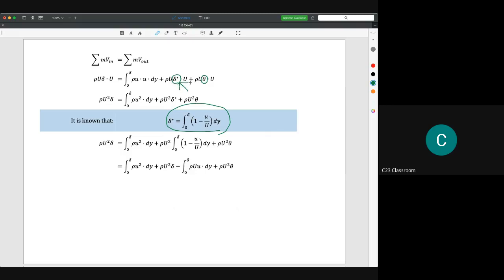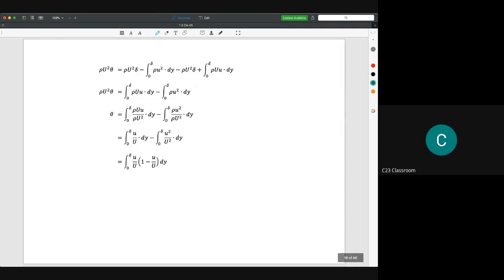Then we could write this term, and simplify it as this one. Then we are going to get the value of theta, so we solve this equation. Finally, we could say that theta is equal to the integration of u over U in bracket 1 minus u over U dy, and the limit is from 0 to delta.